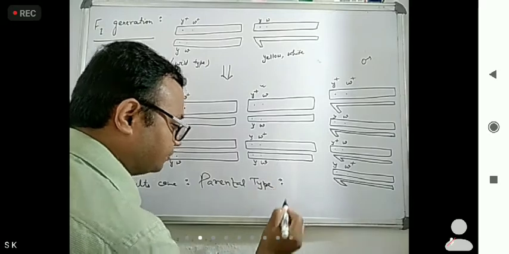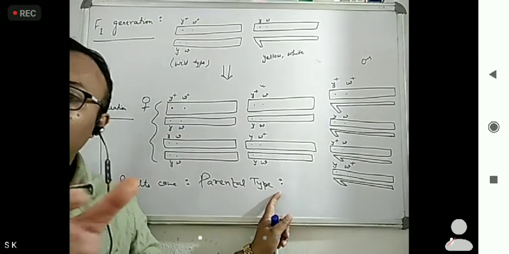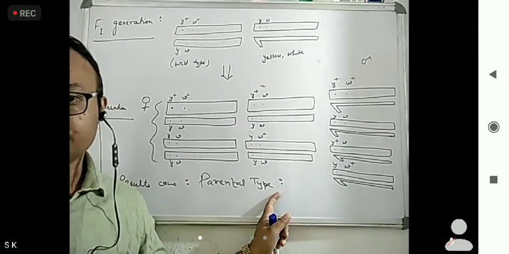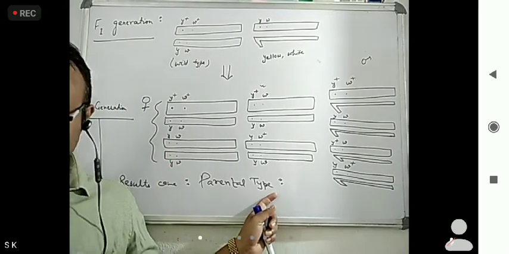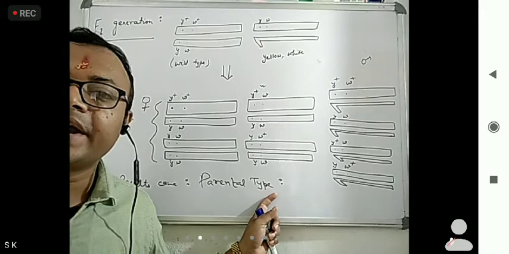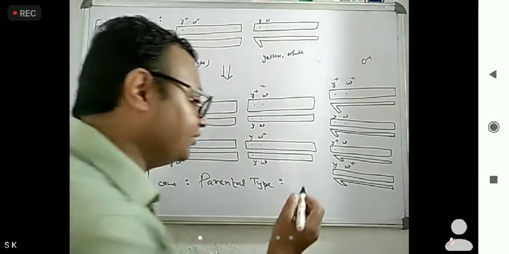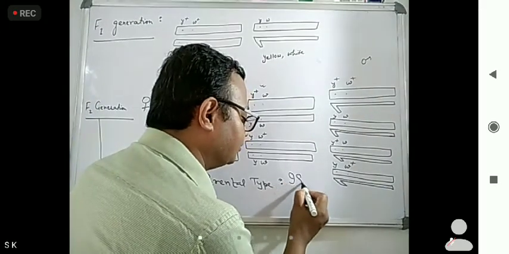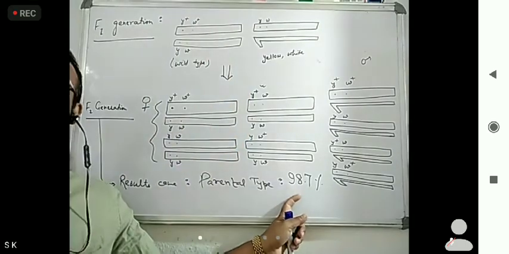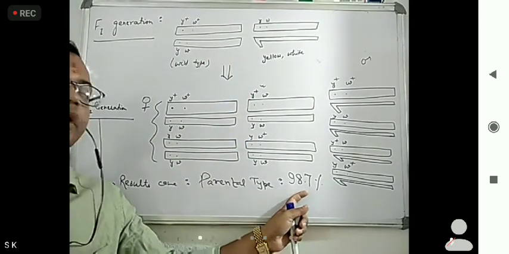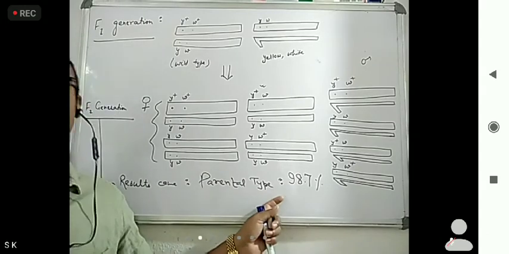These are closely linked genes, body color and eye color. For this parental type, they received 98.7%. You have to remember this percentage for your examination. How much? 98.7%. This is the parental type.